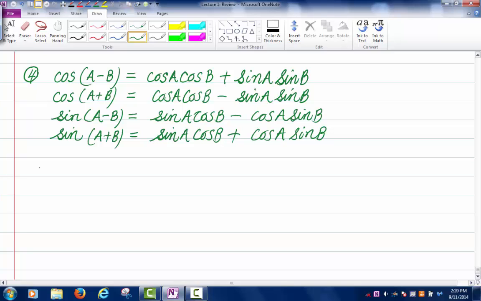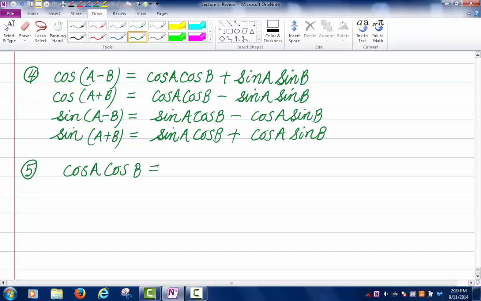Okay, 5. If you can write cosine A, cosine B as what? Notice that if you add up these two, what do you get?